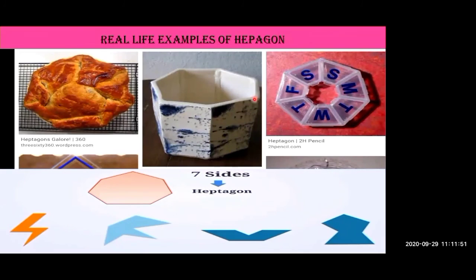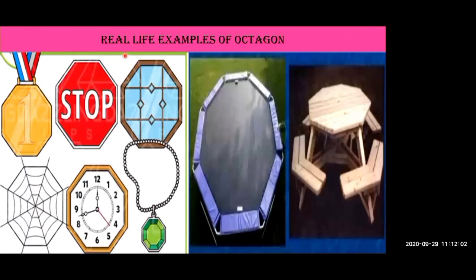This is also an example of heptagon. Yes, 7 sides. And the last is real life example of octagon. The signboard of stop. The shape of this stop board is octagon. You can see these examples also.